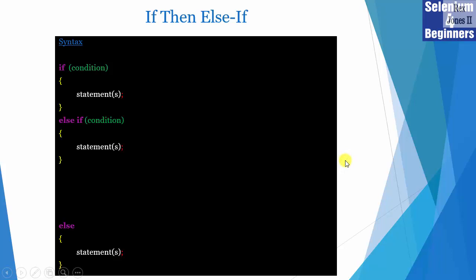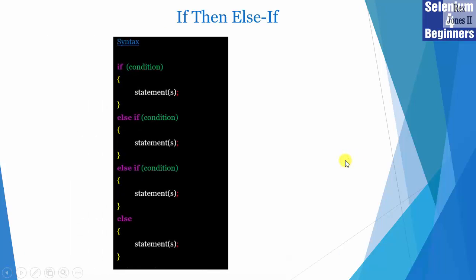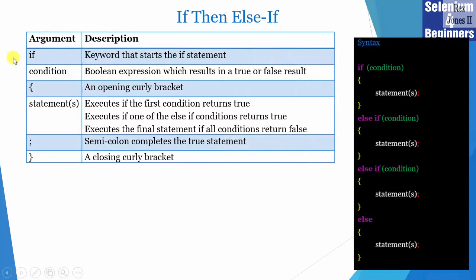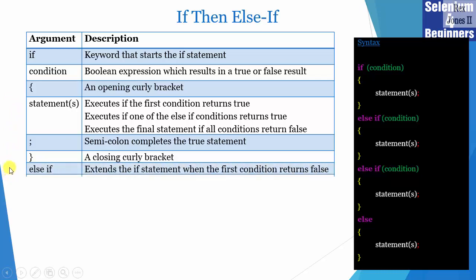Depending on our program, we may add more else if clauses with a condition and statement. We have an if statement, condition, opening bracket, statements, semicolon, and closing bracket. An else if statement extends the if statement.